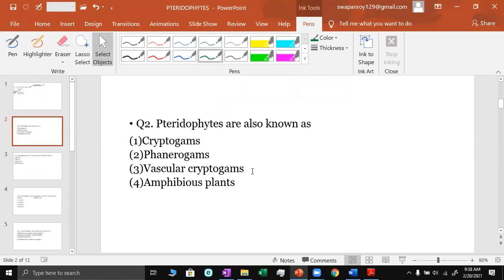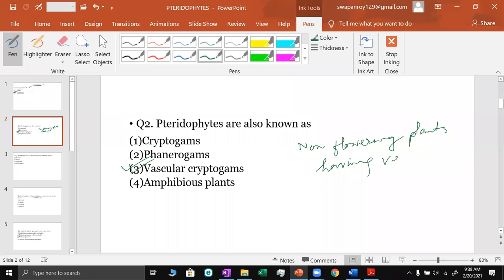Come to the next question: pteridophytes are also known as the vascular cryptogams. They are non-flowering plants having vascular tissue.